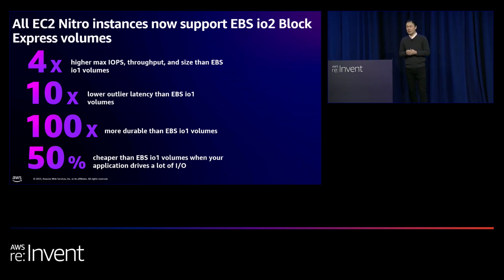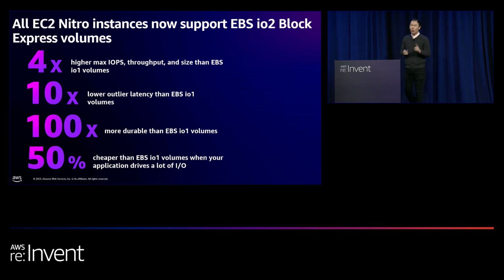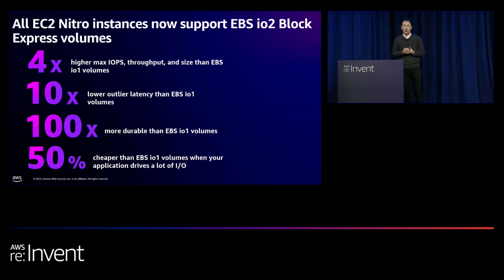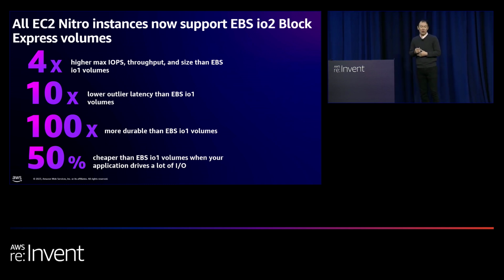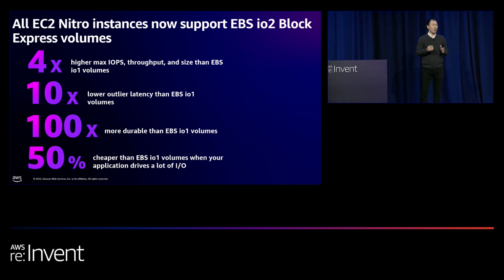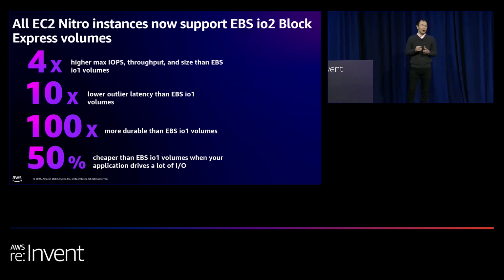IO2 Block Express started with supporting one instance back in 2020, and that is the EC2 R5B instance. Along the way, we have gradually added more supported instances, and about 2 months ago, it supported across 20 different instances. Well, if you have been to one of our leadership innovation sessions, you would have known that right before re:Invent, we broadened the support scope.